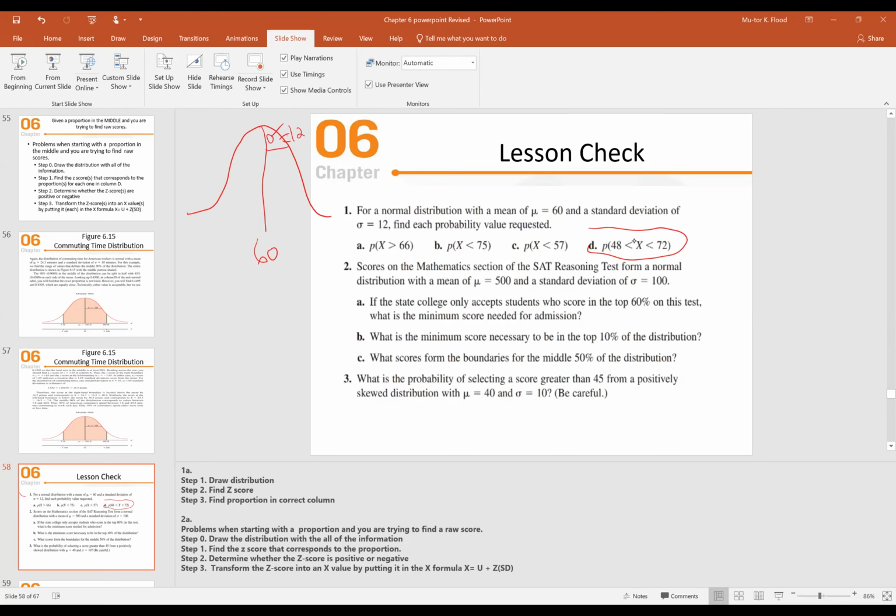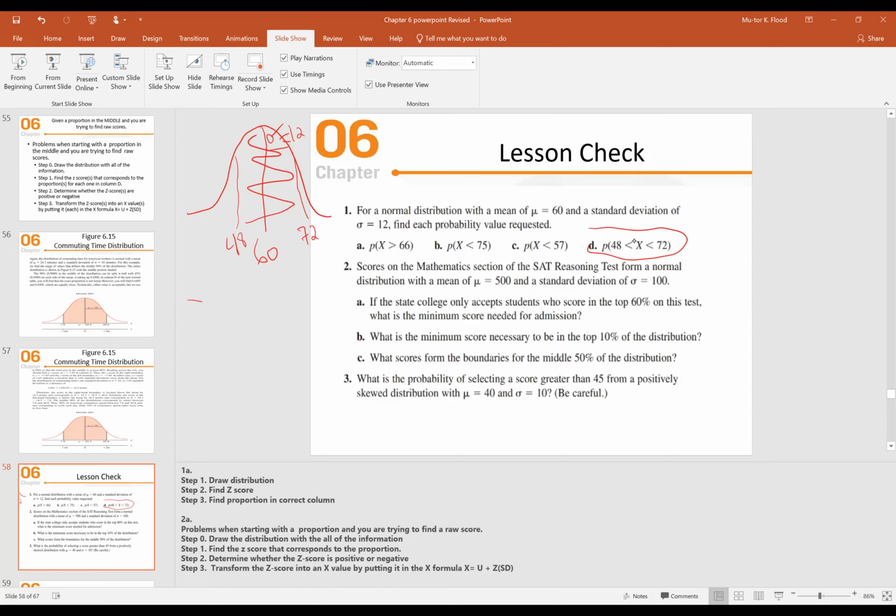And 48 is below the mean, so right off the bat, one of those is going to be a negative z-score. So here's 48, and 72 is above the mean. So we're trying to find all of the stuff right in here. What we are going to do first is change those raw scores into z-scores.